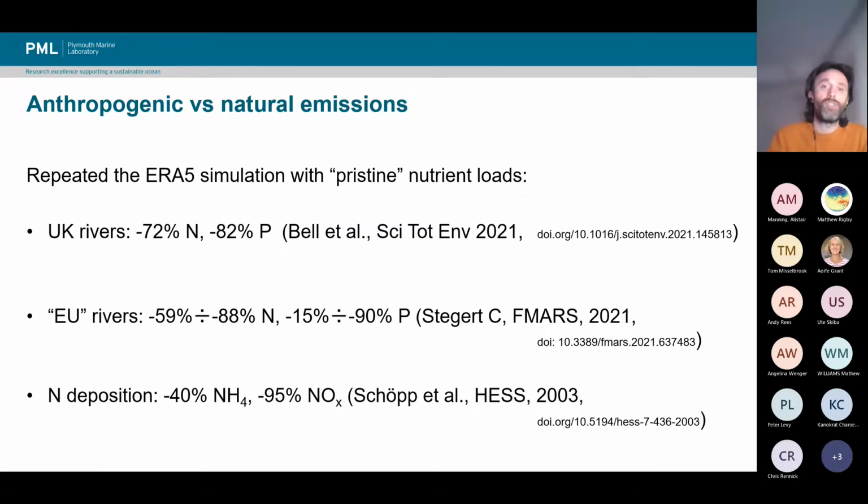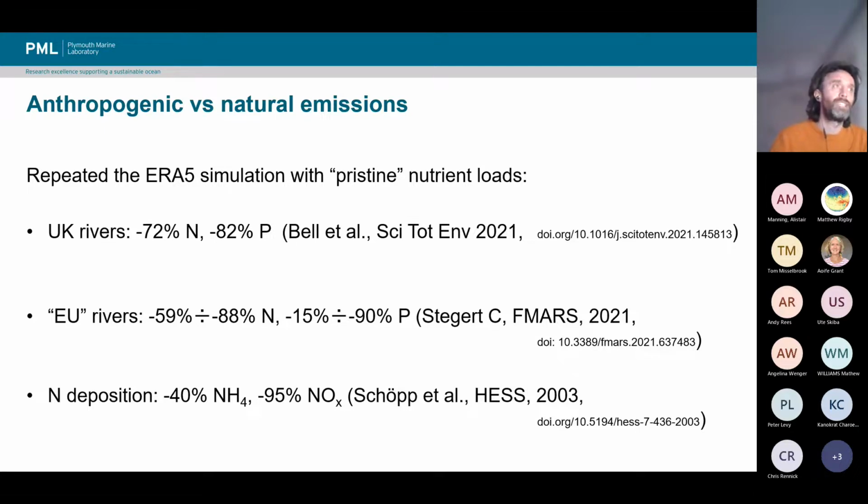But how much of this flux is actually linked to anthropogenic activity, and how much is simply due to natural processes that occur in the marine environment? To understand this, we repeated the ERA5 simulation, but we changed the nutrient load from the rivers, as well as the nitrogen deposition from the atmosphere into the marine environment.